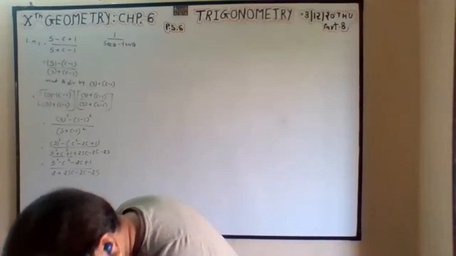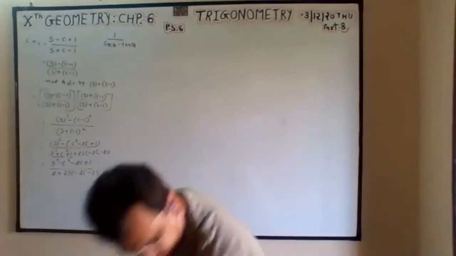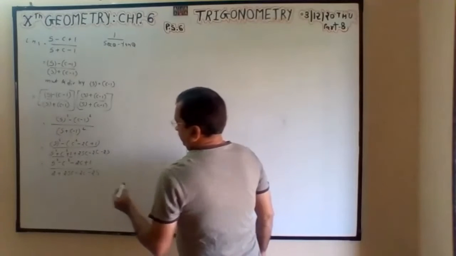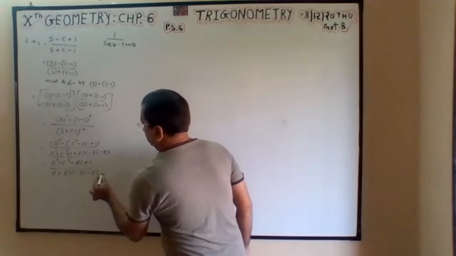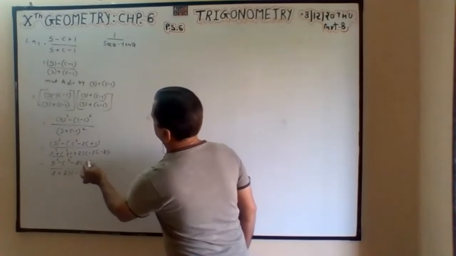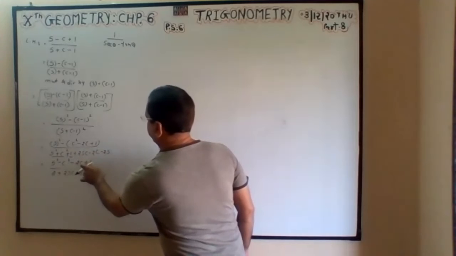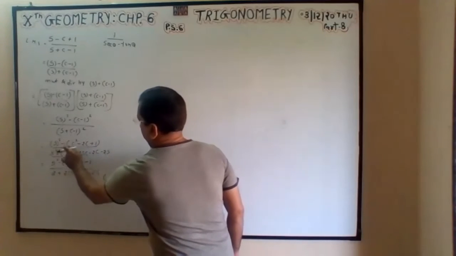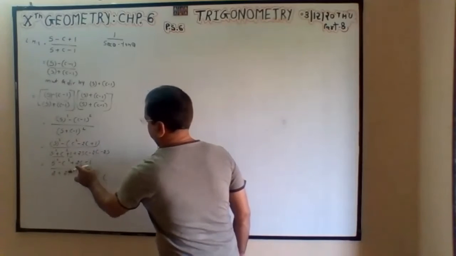Now again I'll change this. I will substitute. When you will open the bracket, this will be plus and this will be minus. Plus minus, minus minus plus, plus minus minus.